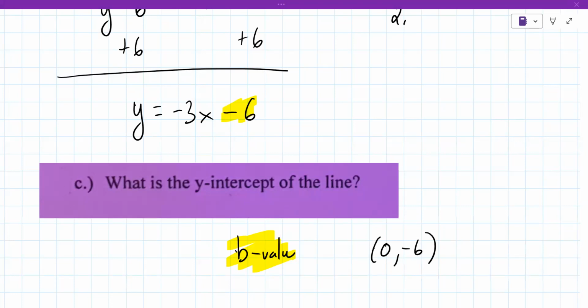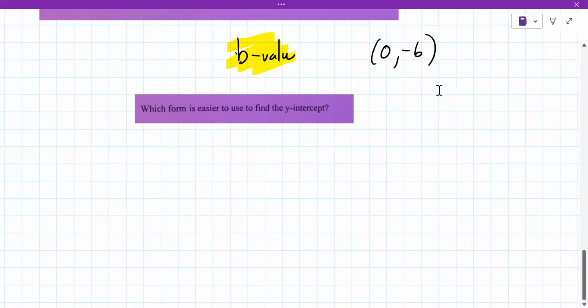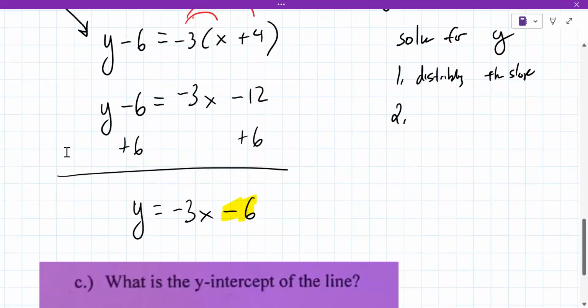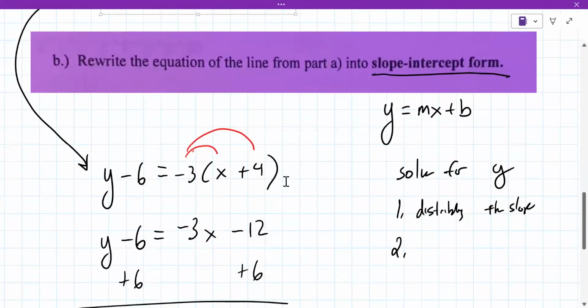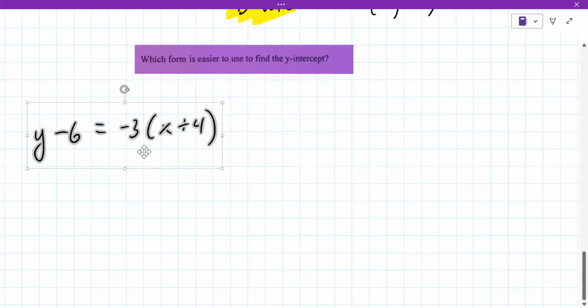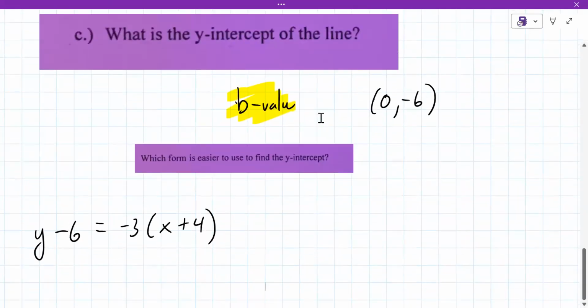All right. So then the next question, and I'm going to write both the forms that we had. When it asks which form is easier to use to find the y-intercept, do I just say which form I would prefer? No, I'm going to write them here.